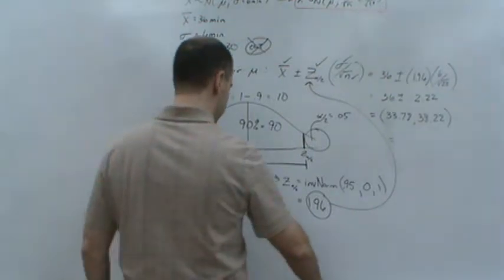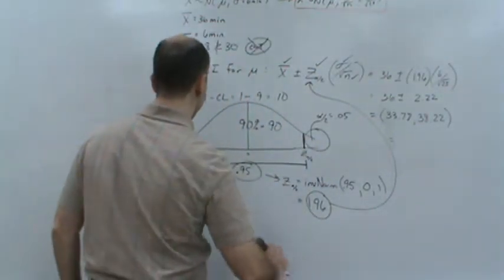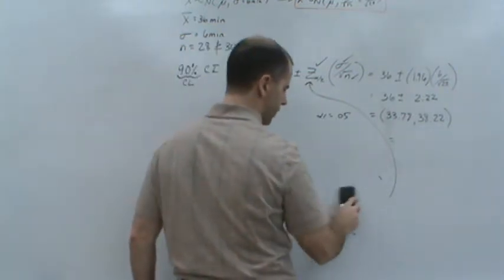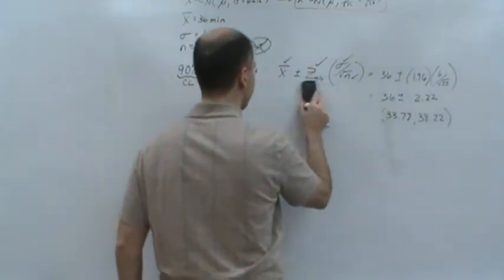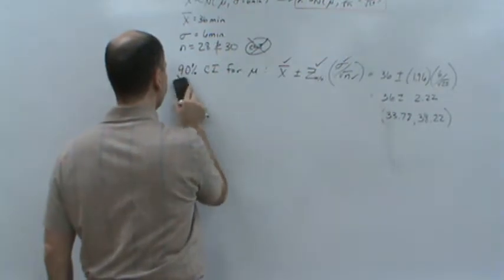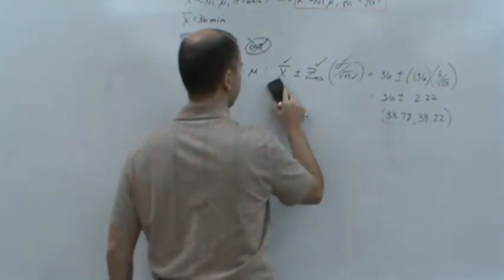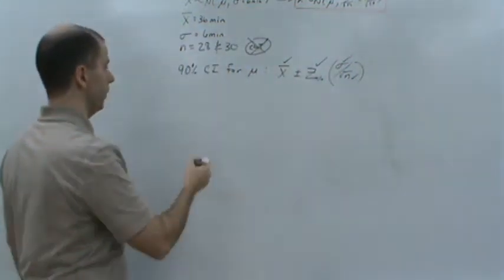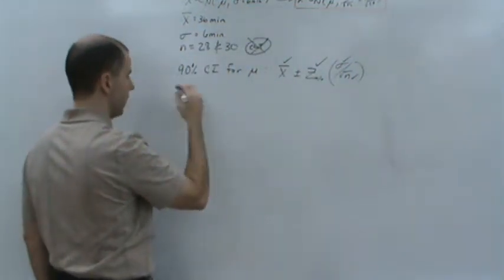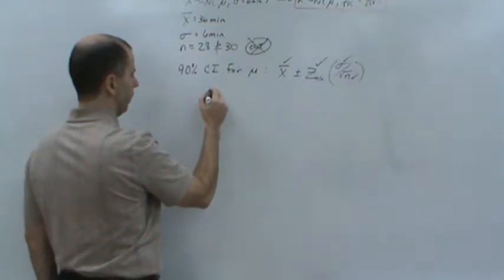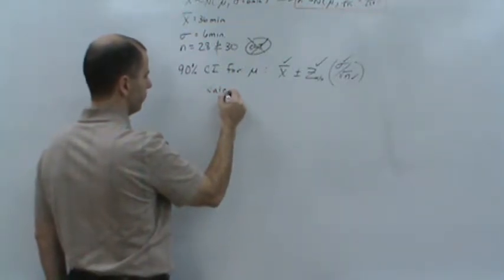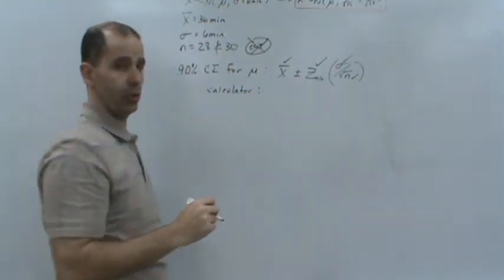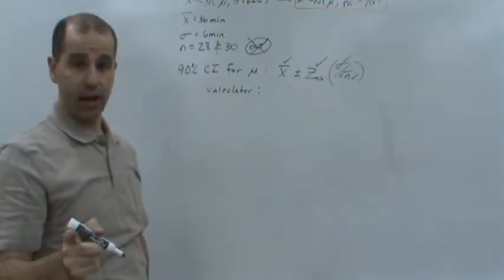Okay. So now that you know what the confidence level means and what alpha is, now what we can do is talk about using this function on your calculator. So the calculator has a function under tests.